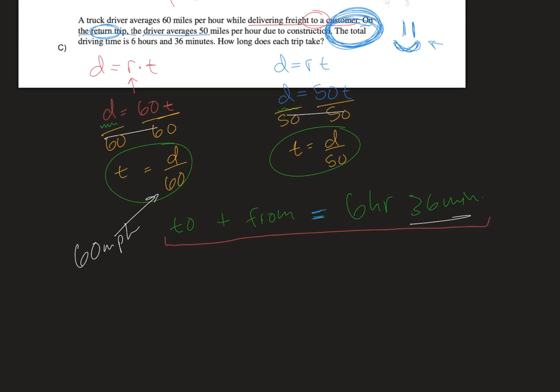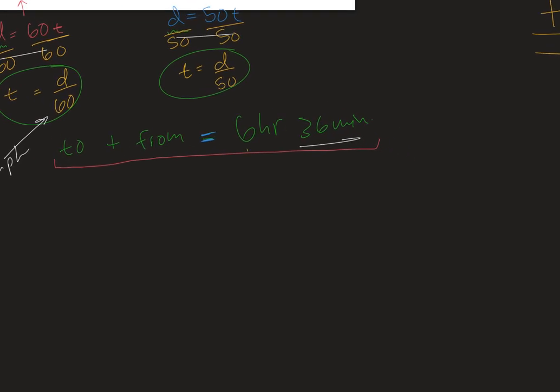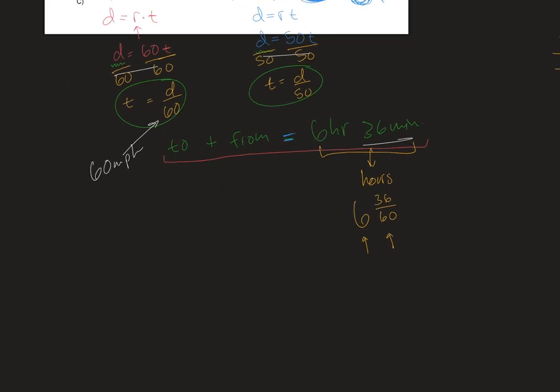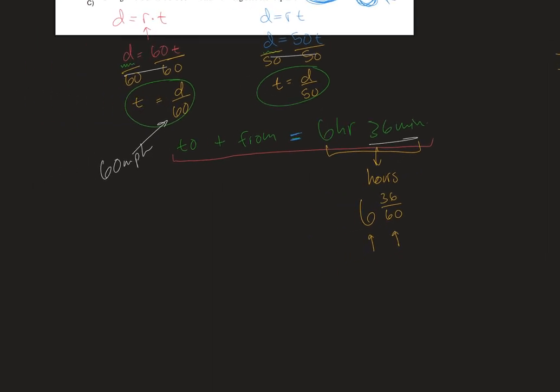But now back to the idea that we have miles per hour, and hours here. Let's convert this to hours. That is 6 and 36 sixtieths. Why is that? Because this is hours, and this is the number of partial hours that we drove. So now I'm also going to substitute in this right here.